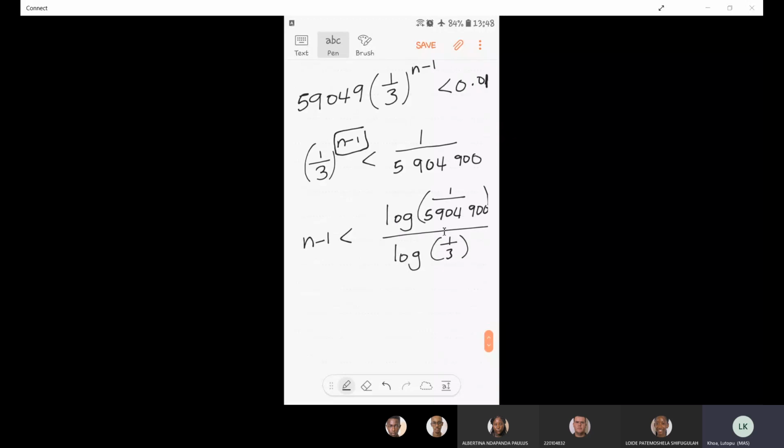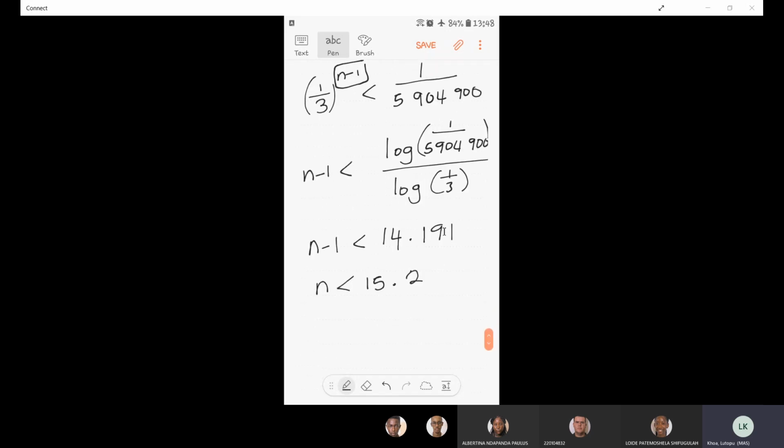So when you work this out, you get n minus 1 is less than 14.191. This means that n is less than 15.2. You can round it off to that.